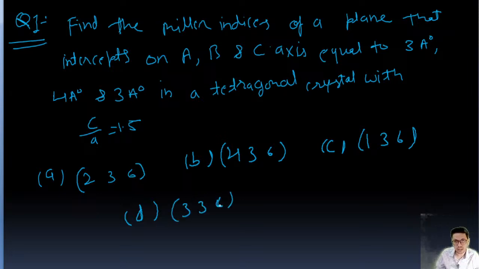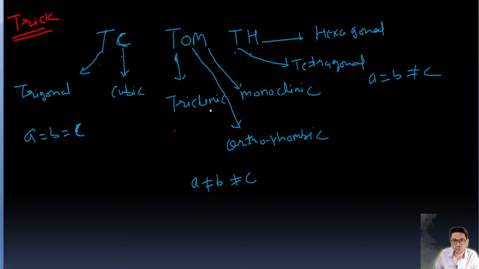So these are the options. Find the Miller indices of a plane that intercepts on the A, B, and C axes equal to 3 angstrom, 4 angstrom, and 3 angstrom in a tetragonal crystal with C upon A equal to 1.5. The trick which I have told you is going to work here, right?